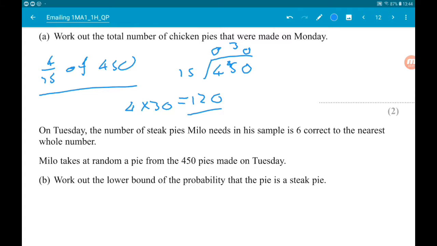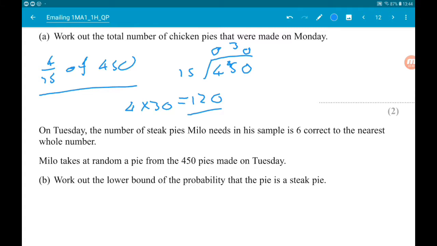Part B wants us to work out the lower bound of the probability that the pie is a stick pie. Okay, so he calculated he needed 6 pies to the nearest whole number of pies.